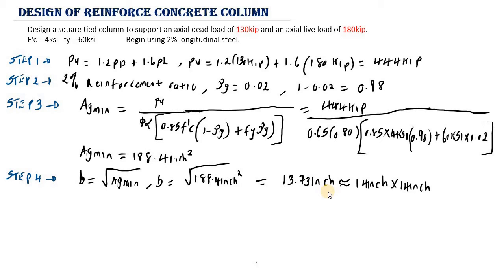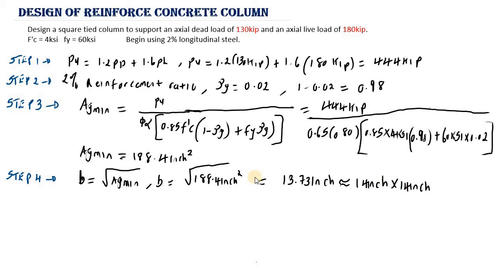So now we know the size of the column. We need to change our gross minimum area. So we are going to have a new gross minimum area, using the new size of the column, which is 14 inch by 14 inch. So basically 14 multiplied by 14 is going to give us 196 inch square. So this is going to be the new gross minimum area.